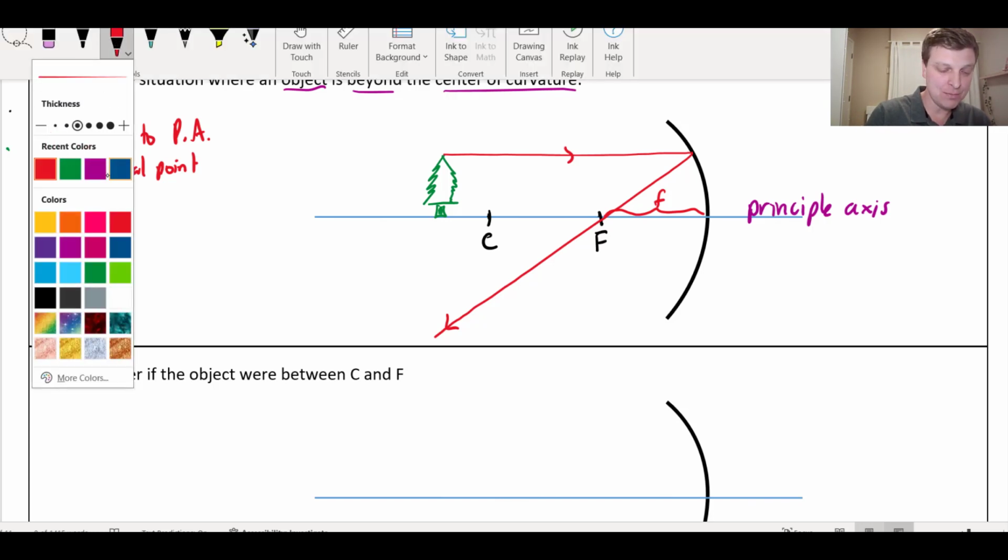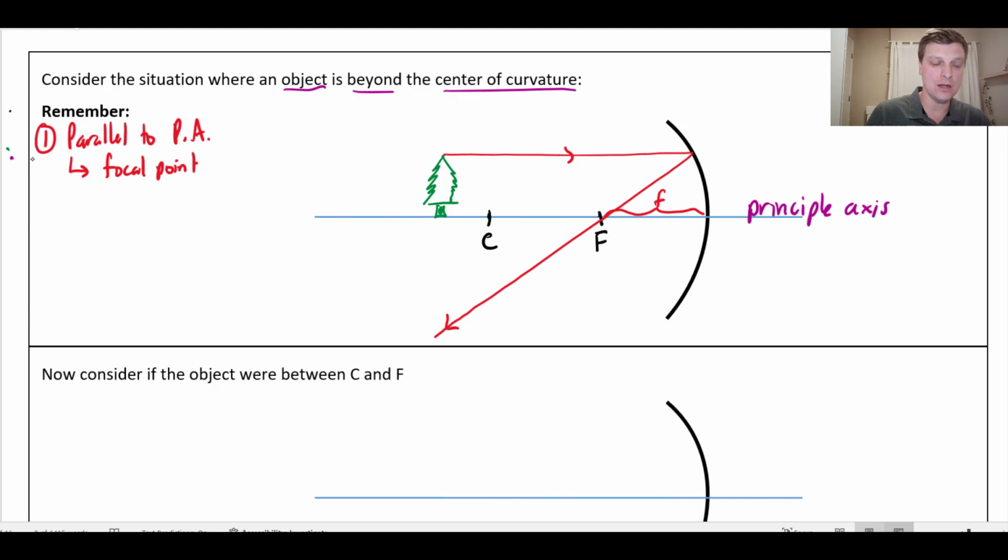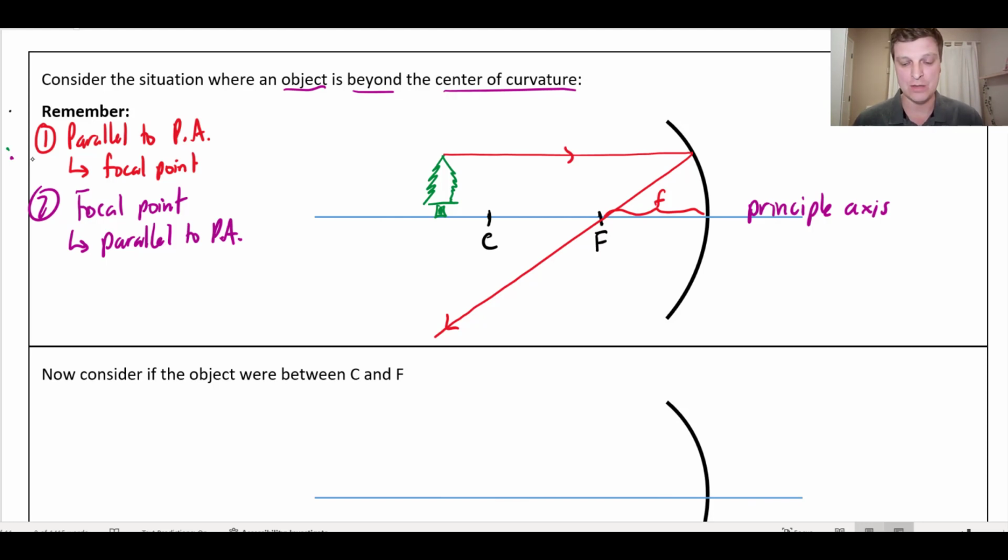Okay, the second ray that I need to draw is going to go through the focal point. Now, if I go through the focal point, then I need to bounce back parallel to the principal axis. And this gives you an idea of why this is called geometric optics, because we just follow a set of geometric rules.